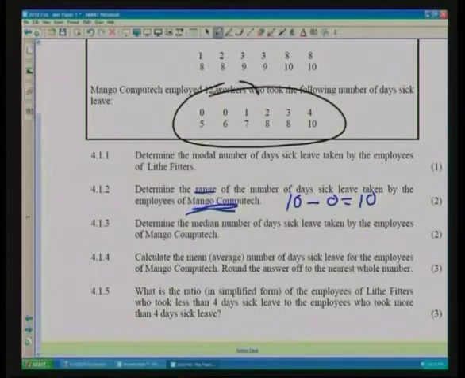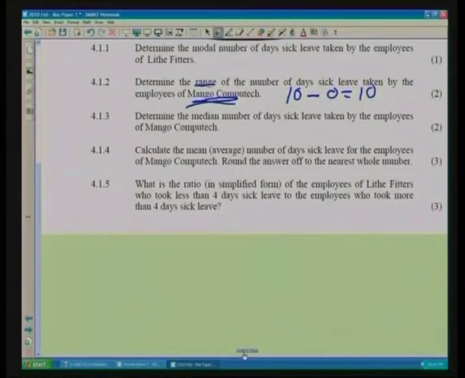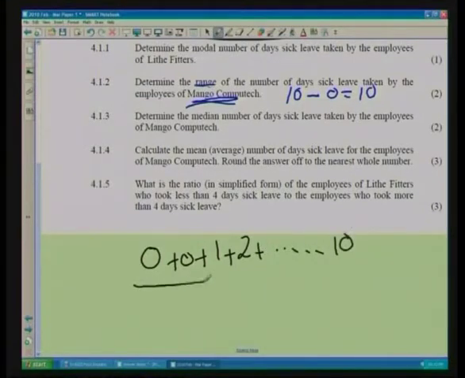There they are. And what we're going to do is calculate the mean. To calculate the mean, we are going to say, I have got 0 plus 0 plus 1 plus 2, so it's like saying 0 plus 0 plus 1 plus 2 plus all those other figures right up to 10. And I'm going to divide it by the number of employees I have.